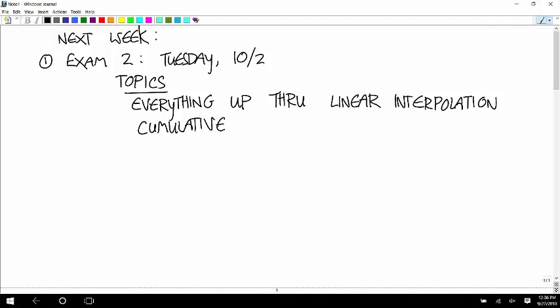All the questions are going to be similar to questions on the homework, but if there's 4 questions on the test, there could be 2 that are on new material and 2 that are on old material or something. Any other questions about the test?